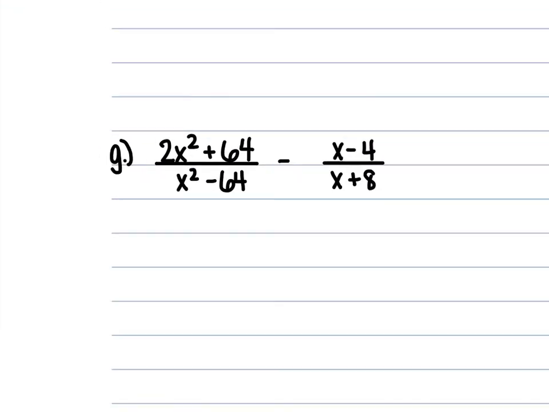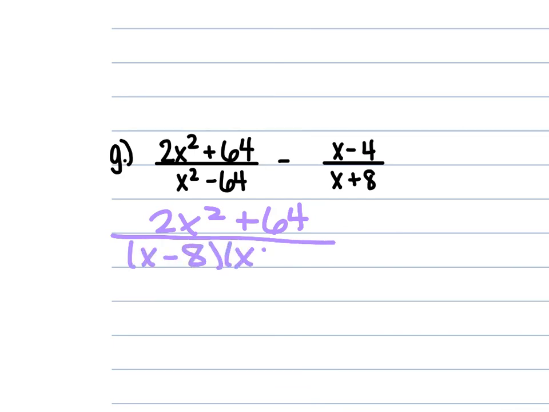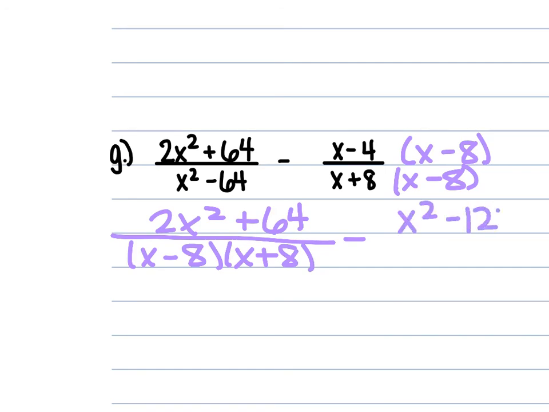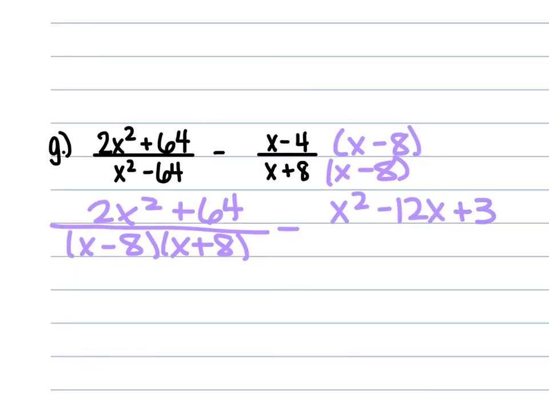If we look at the last one, we have 2x squared plus 64 over x squared minus 64. This is going to be 2x squared plus 64 over x minus 8 times x plus 8. That second one's missing an x minus 8. So we're going to multiply top and bottom by x minus 8. We're going to have a minus in between still, so it's going to be x squared minus 12x plus 32 over the x minus 8 times x plus 8.